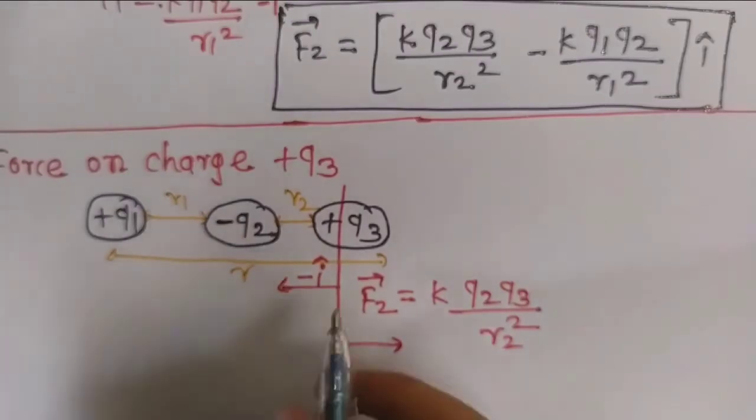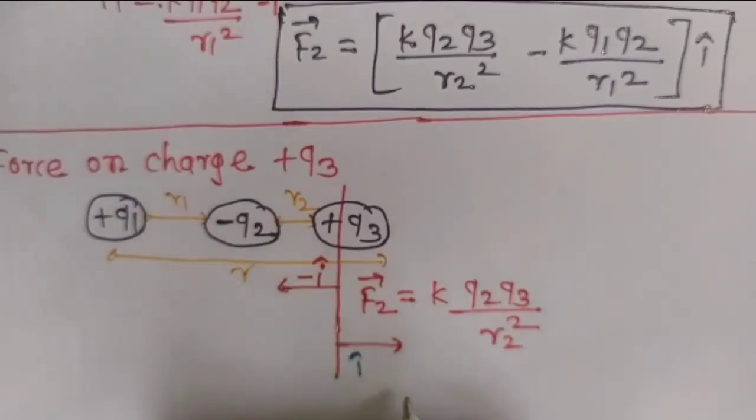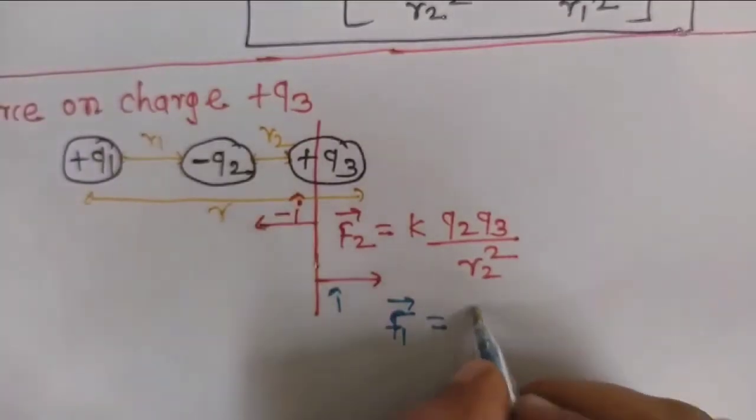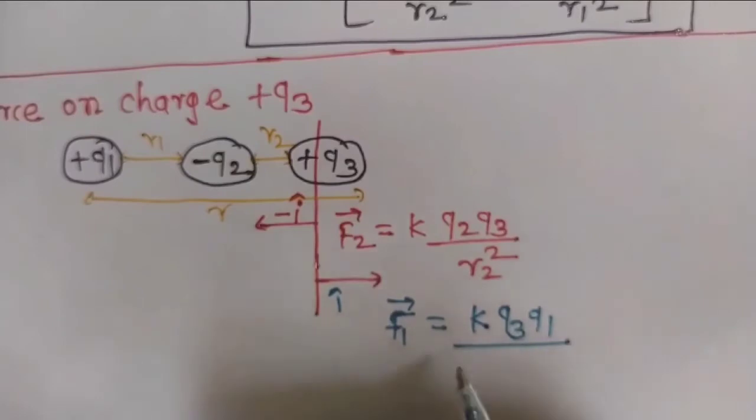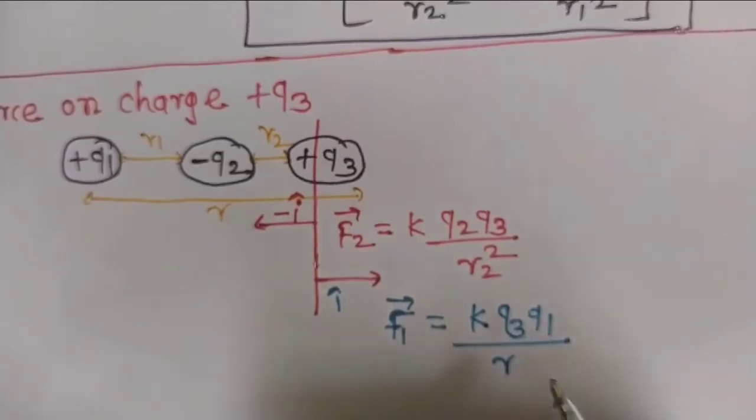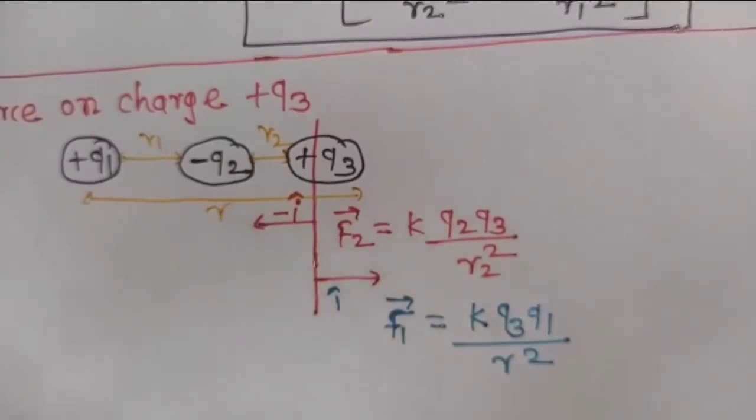The net force on the charge Q3 due to the charge plus Q1: both have the same polarity, that's why they repel each other and the direction is away from the charge Q1. F1 bar is equal to K Q3 Q1 upon R square.